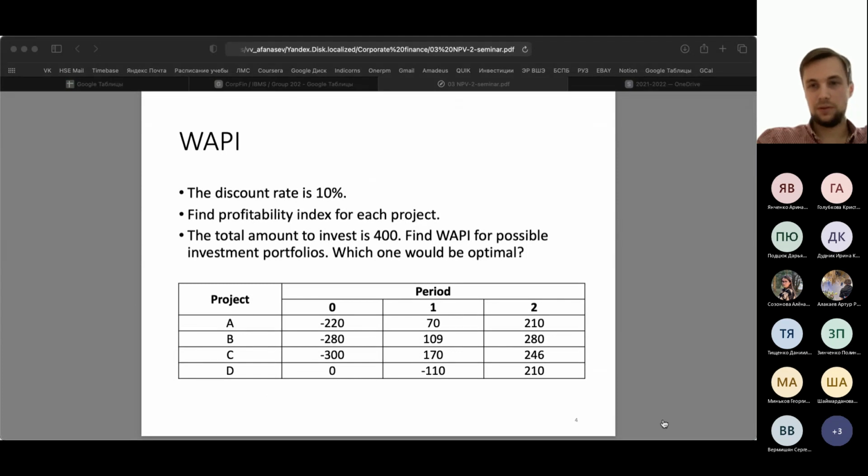If someone needs the task in the presentation, I am showing the presentation as well here.